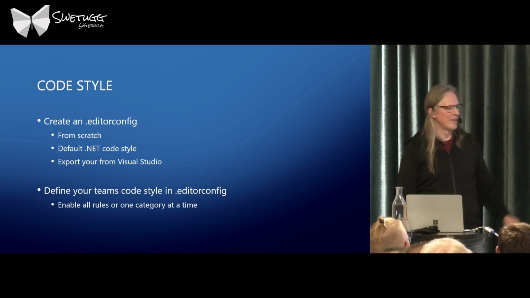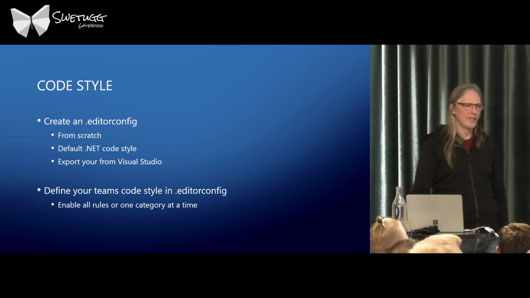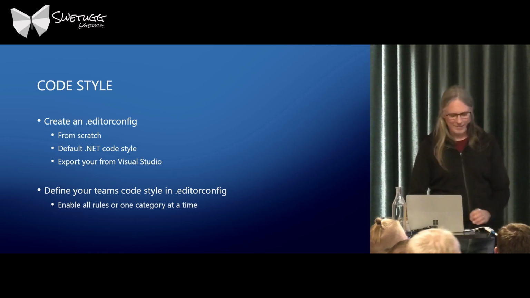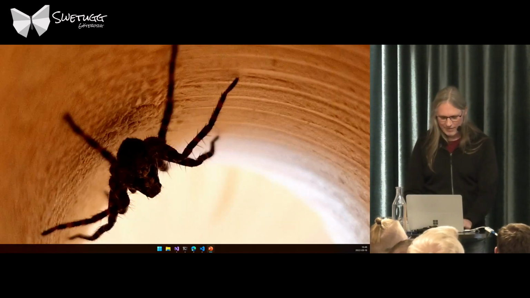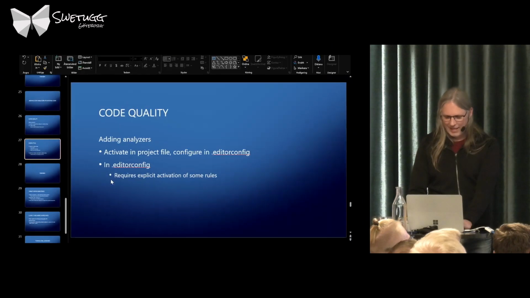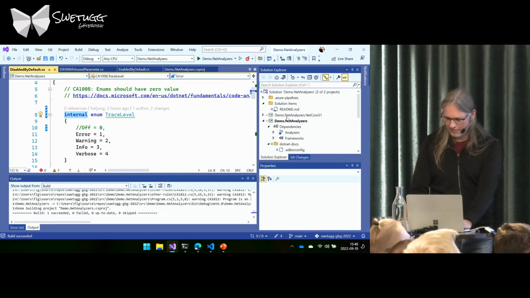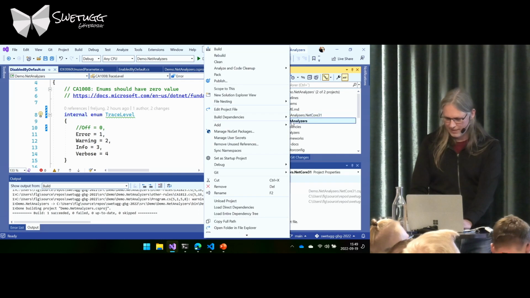You can use the default .NET code style editorconfig. There is one to download off of Microsoft Docs. In theory, when you create, I can show you that. You can do add new item. I'll show you, but I won't do it because it's not working for me. I'm not sure if it's me or if it's Visual Studio.